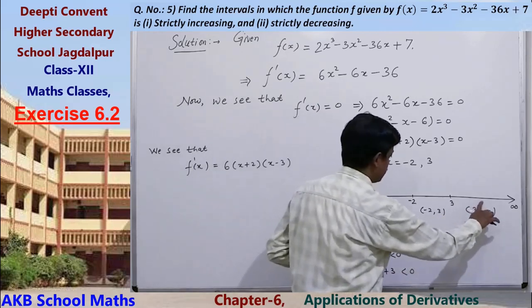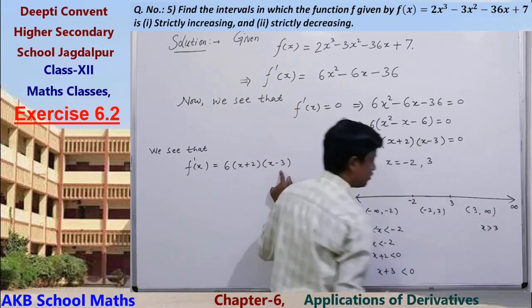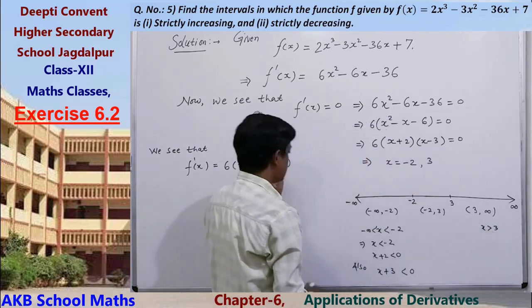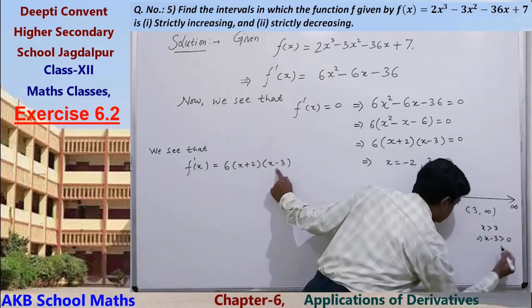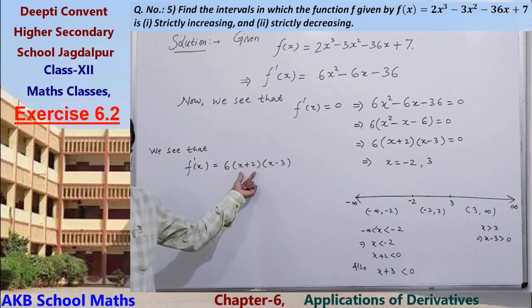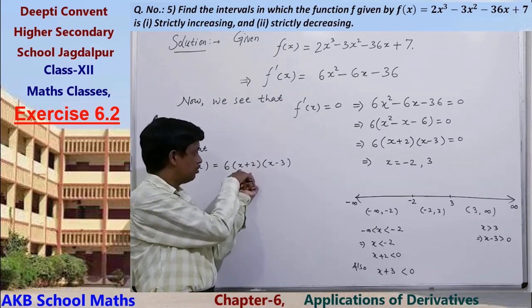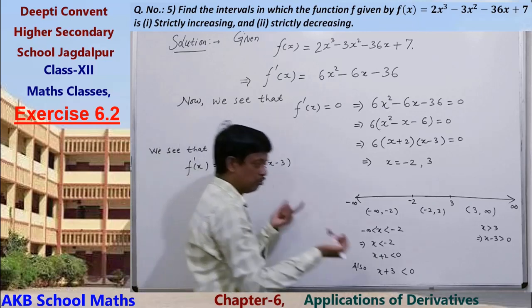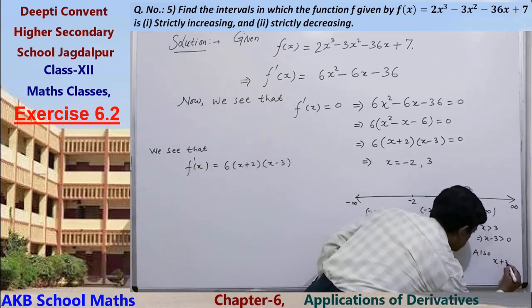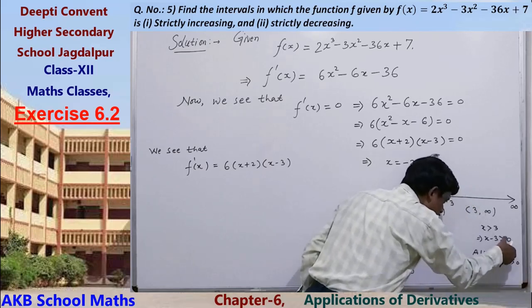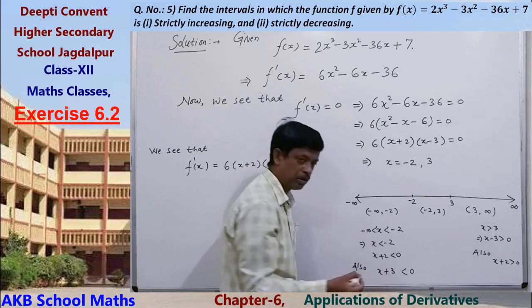In the interval x greater than 3, x minus 3 is greater than 0, and x plus 2 is also greater than 0, both positive, so the product is positive. Both negative, product is positive.